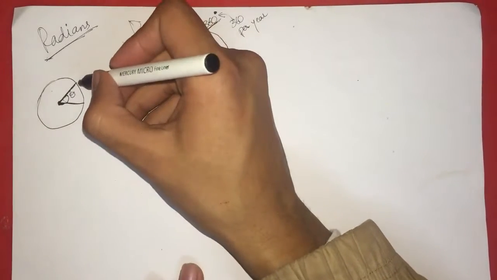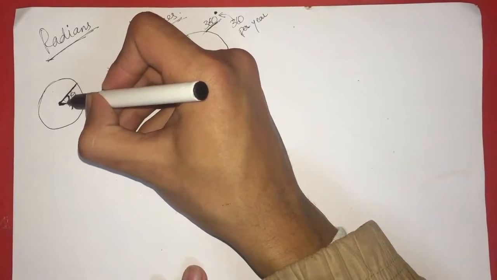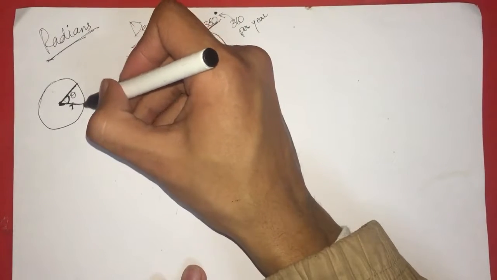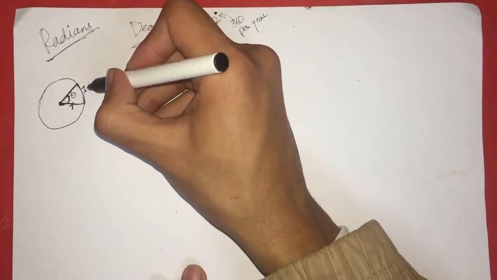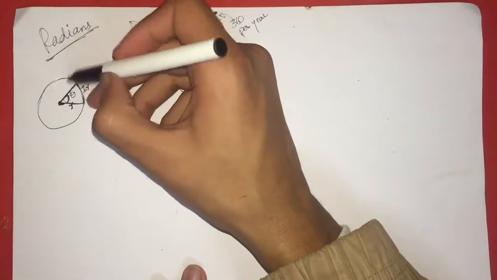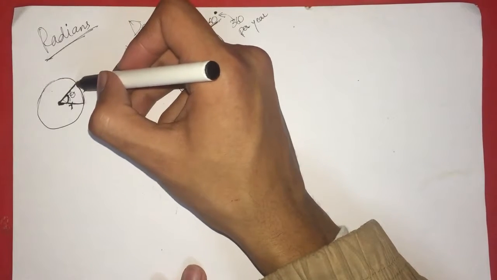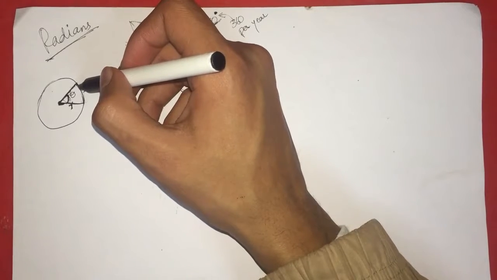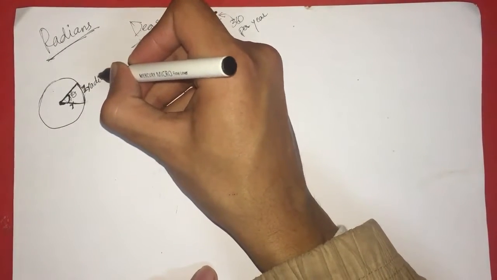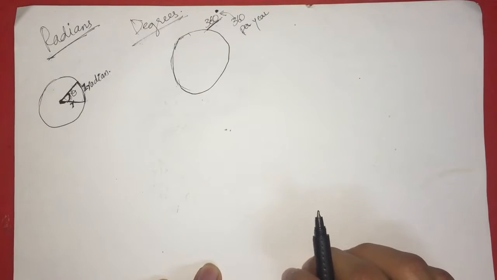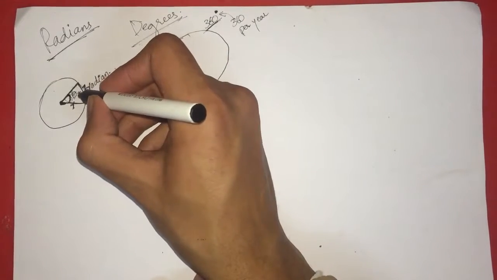Let's say this angle theta is the exact measurement for which the arc subtended by it is equal to 1 radius, which you can also call 1 radian. So you can say theta equals 1 radian.